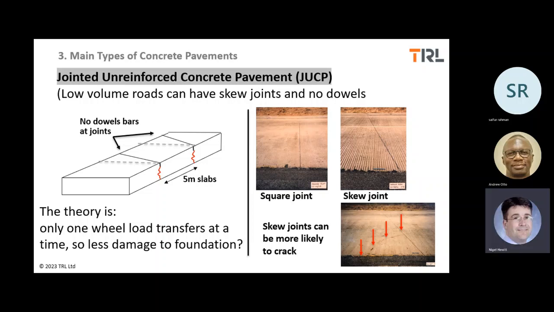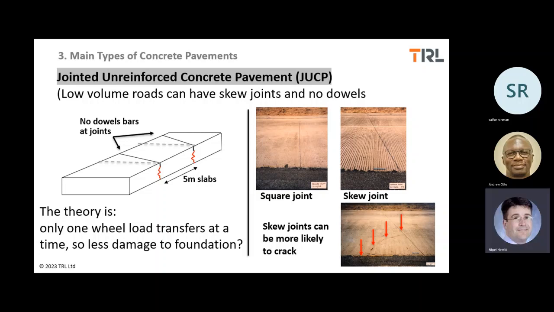You could use this in an urban environment if it's just a residential street. This is the low-cost option of not having dowels, but I would always recommend having dowels, just in case. I'm just showing you this as one option. So it's a low-cost version.